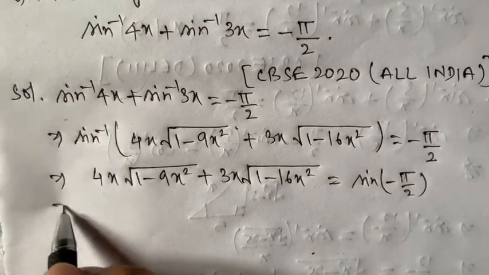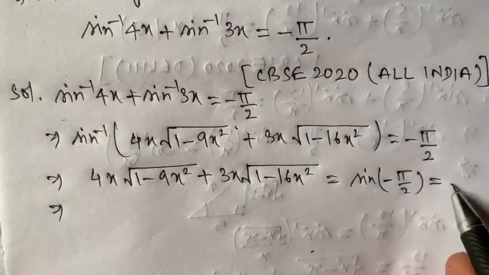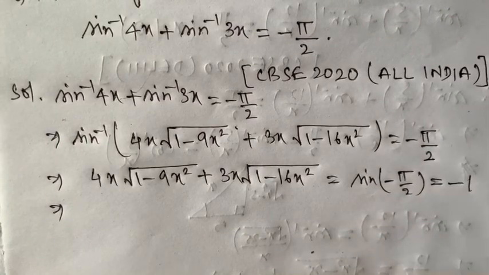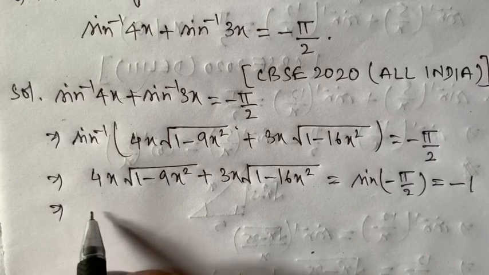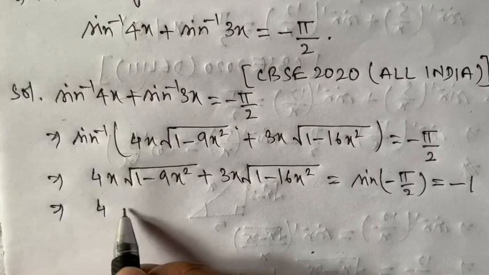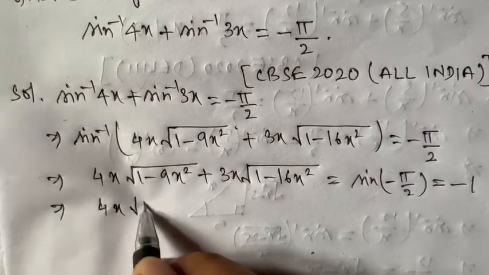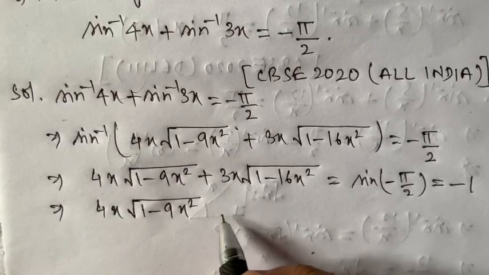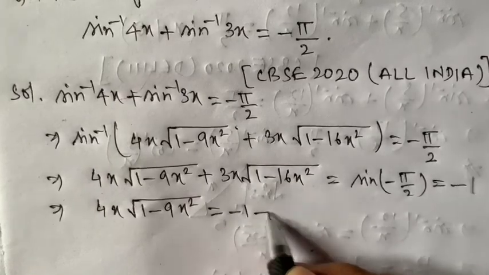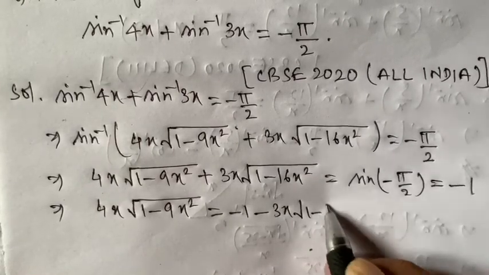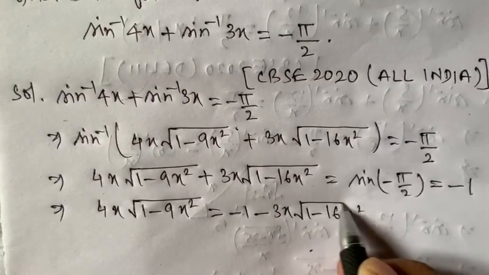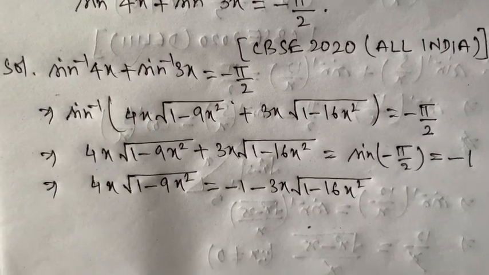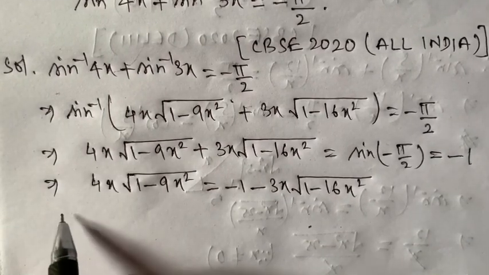Now sine of minus pi by 2 is minus 1. Keeping the 3x term on the right hand side itself, we have 4x root under 1 minus 9x square is equal to minus 1 minus 3x root under 1 minus 16x square. Now we will square both the sides.